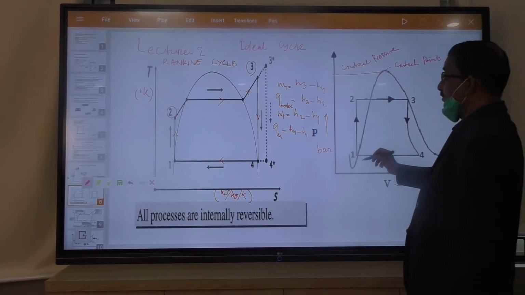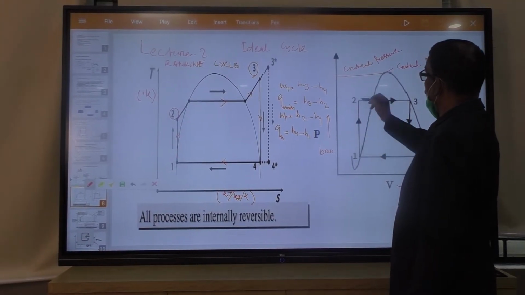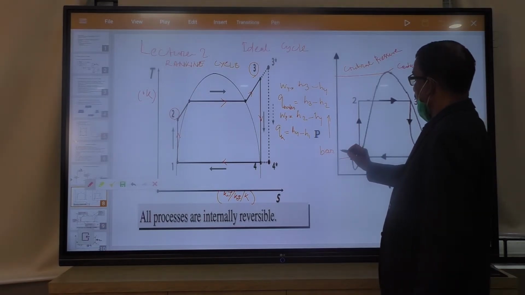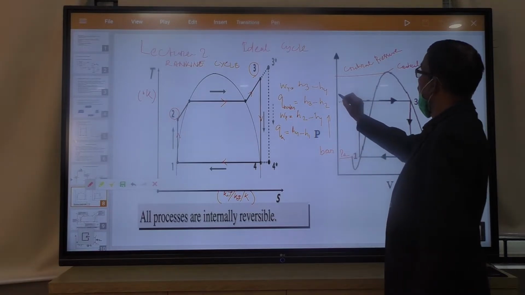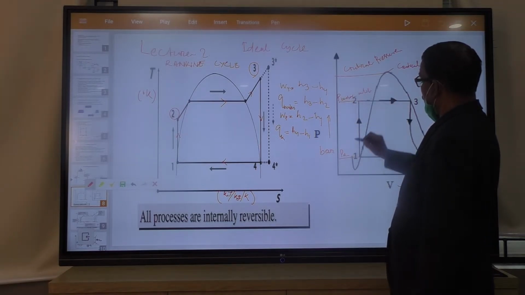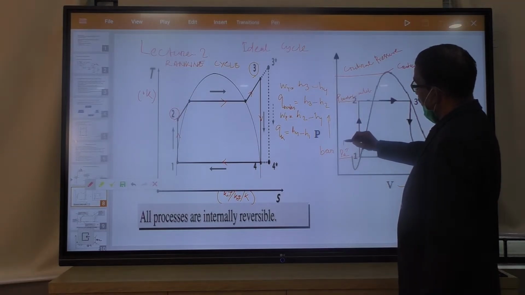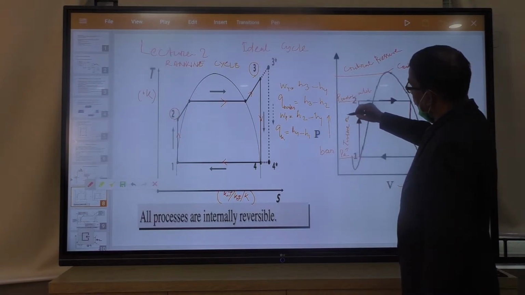Here in the pump, the condenser pressure is increased to boiler pressure. This is your condenser pressure, and this is your boiler pressure or turbine inlet pressure. This is the condenser pressure, also known as turbine outlet pressure.